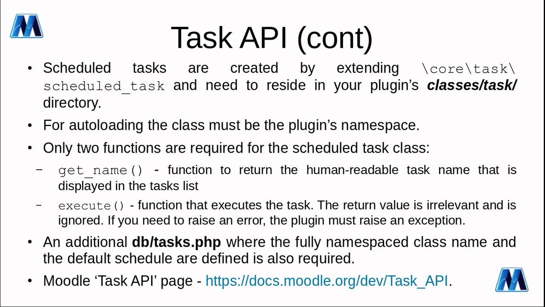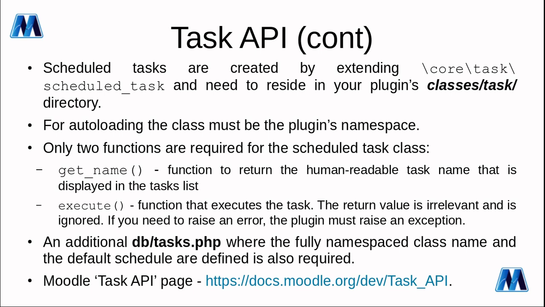Right, so scheduled tasks are created by extending the scheduled task core class, and your task classes need to reside in the classes/task directory of your plugin, and for autoloading, the class must be in the plugin's namespace.